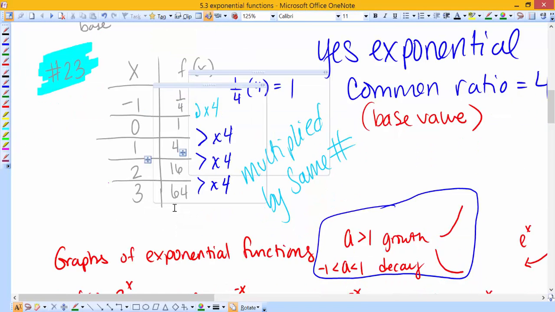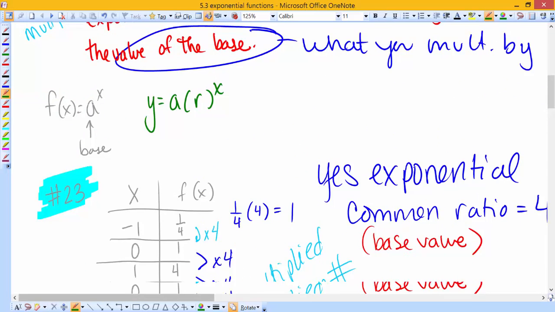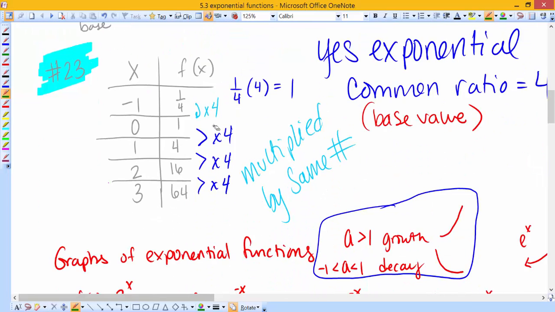So if I look at this example here, I have my table and I can see that the growth is multiplying by 4 every time. You might choose to not look at the fraction yet and just say, from 1 to 4, it's times 4. 4 to 16 times 4. 16 to 64 times 4.